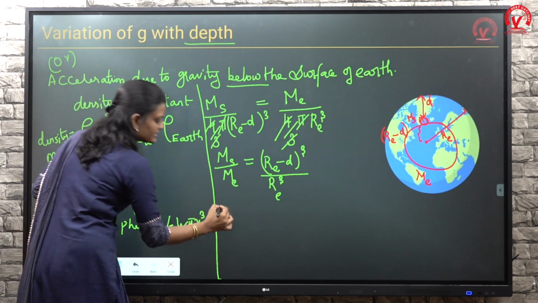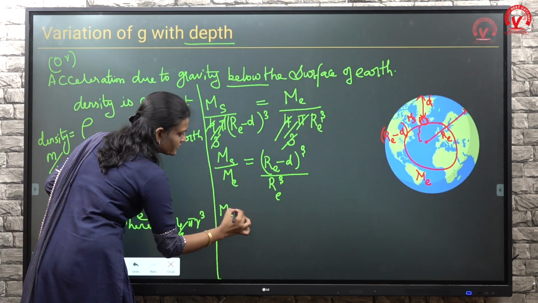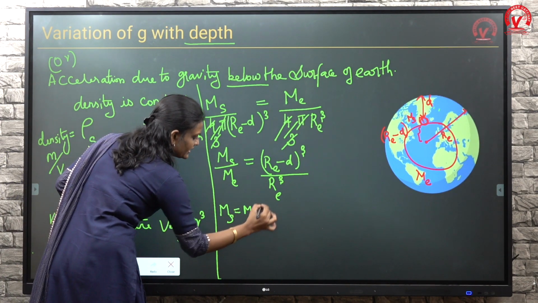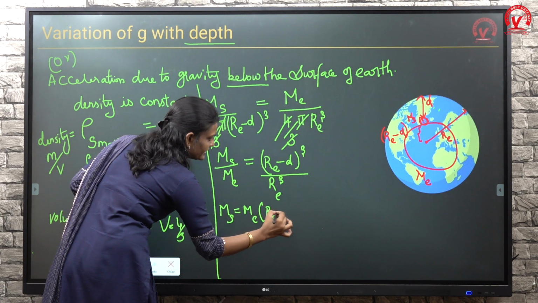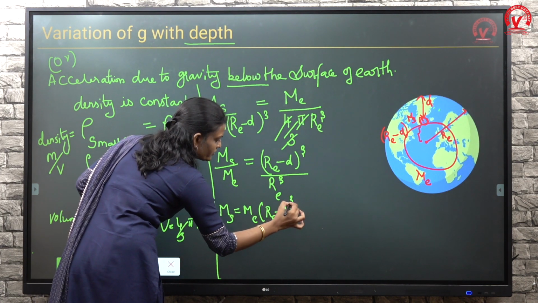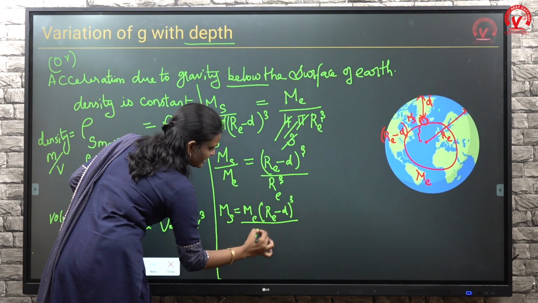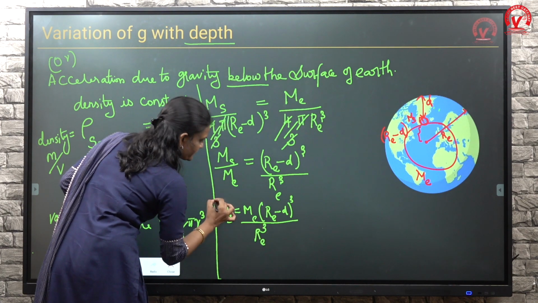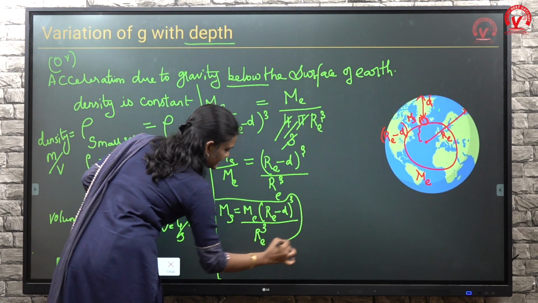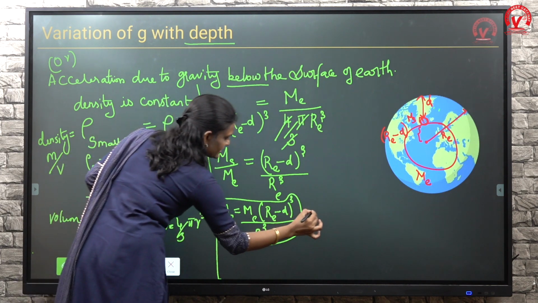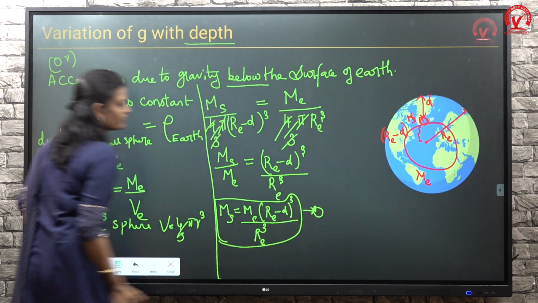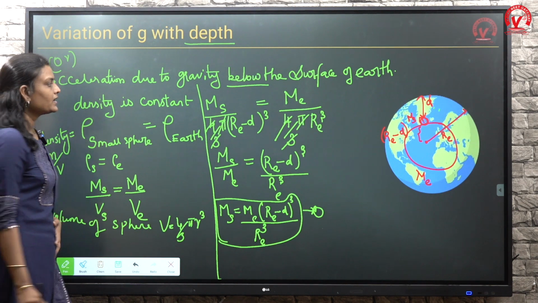This can be written as Ms is equal to Me times Re minus d the whole cube divided by Re cube. This is equation number 1.